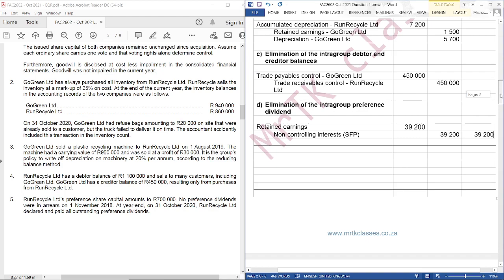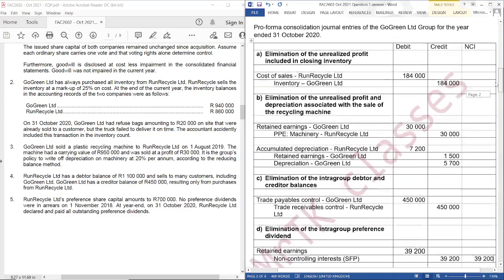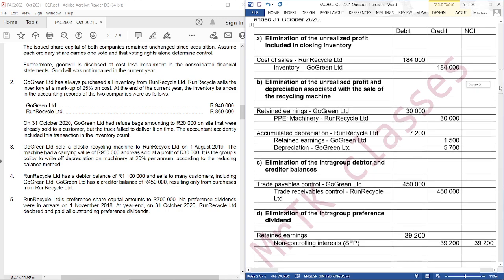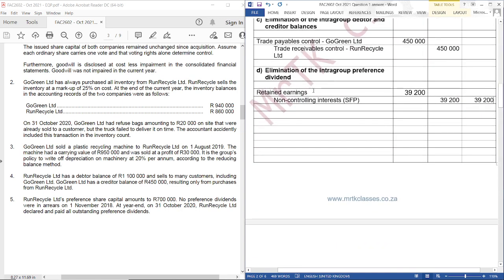So whenever we write non-controlling interest in the statement of financial position, we should also write that amount in our NCI column, right? Okay, so this retained earnings is in regards to preference shares.